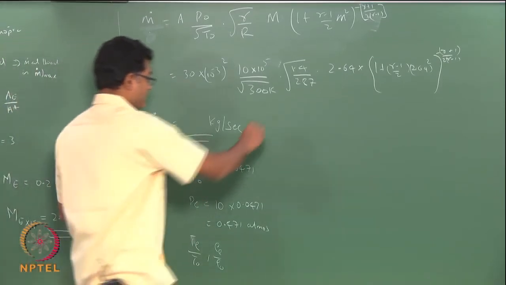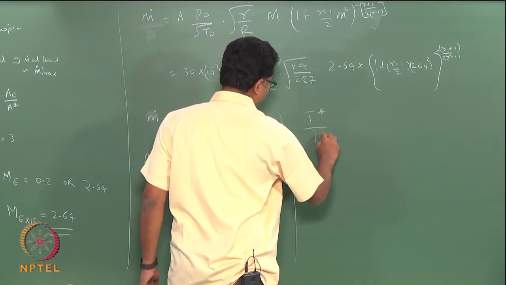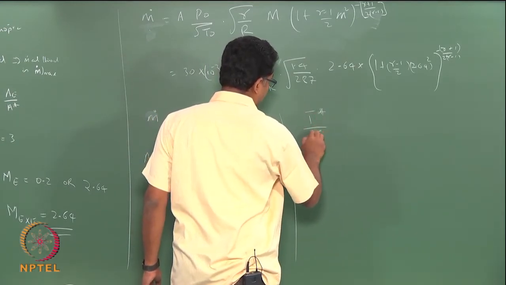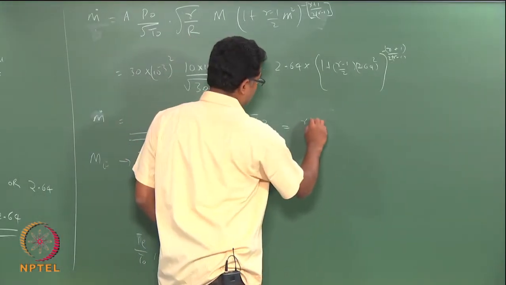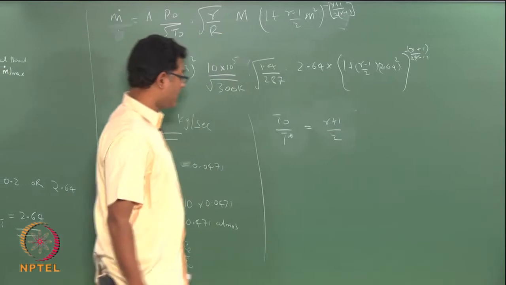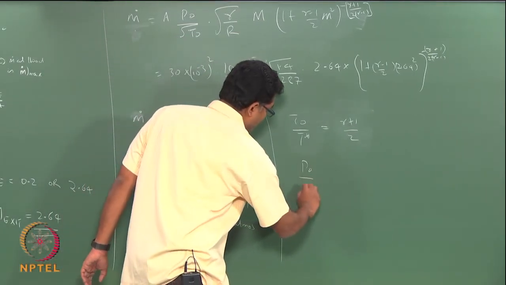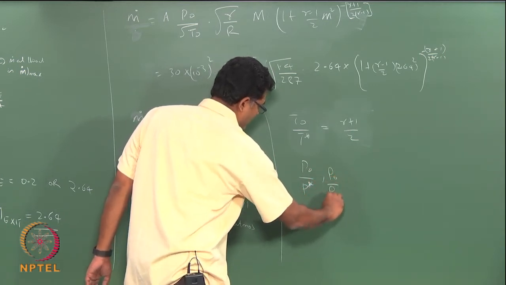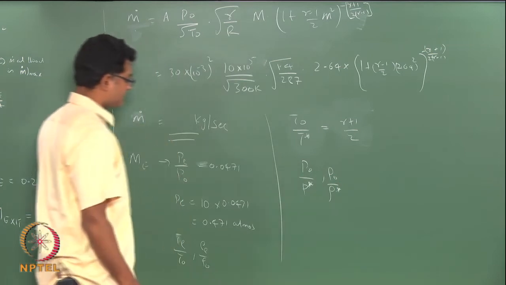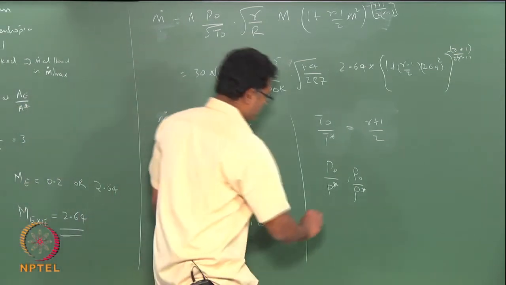Now, since gamma is known, I also know this value, which is the constant, from which I can get P naught by P star or rho naught by rho star.